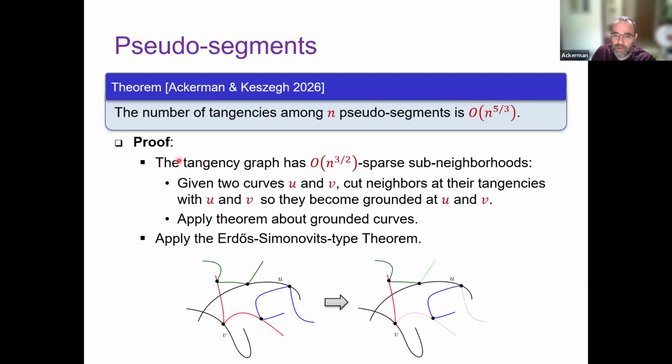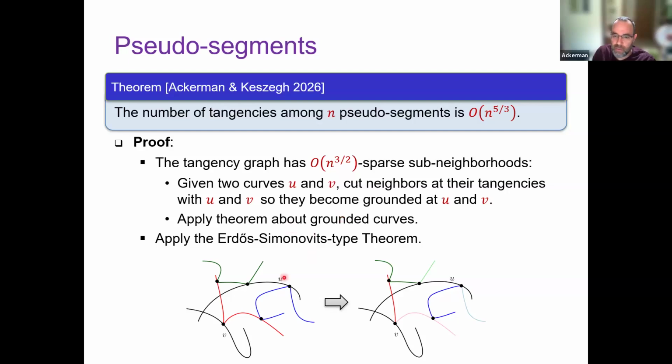Okay, so we just need to show that the tangency graph has this f-sparse sub-neighborhood property with alpha equal 1/2. So given two curves, we want to show that the number of tangencies between their neighbors is at most the total number of neighbors to the power 3 over 2.